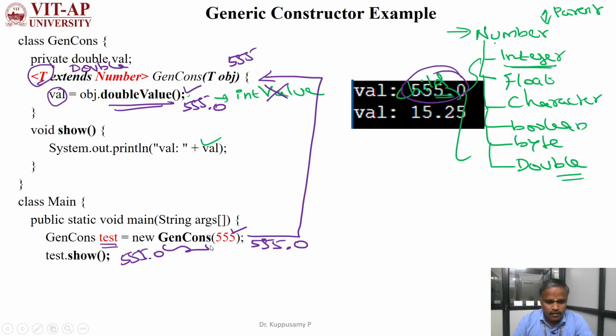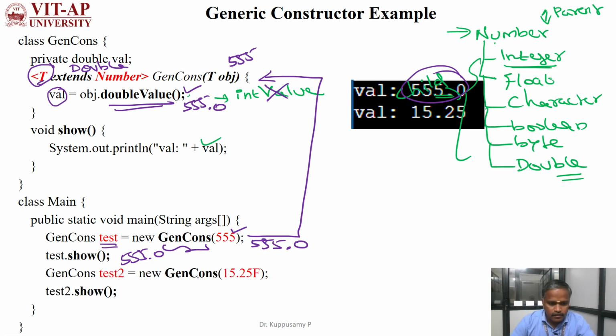Then again I am calling the constructor here by passing a floating point value, 15.25f. Even though we are passing a floating point value here, the double value method is used, so automatically it extends the Double child class.